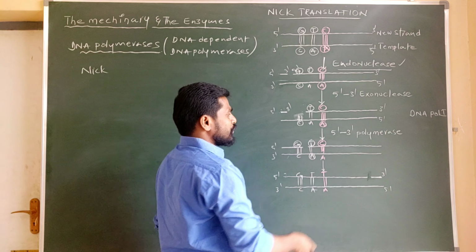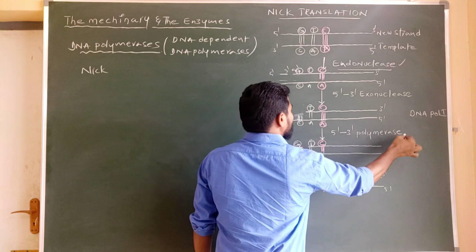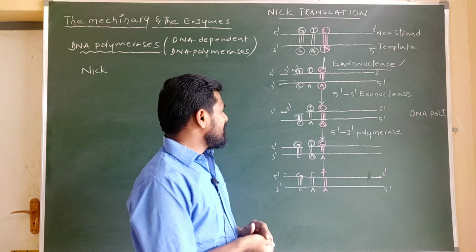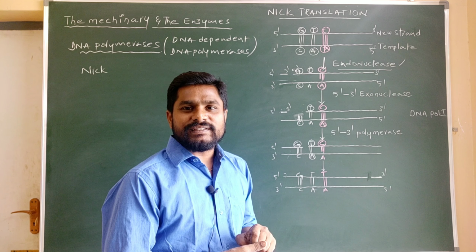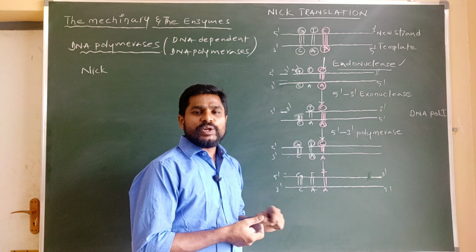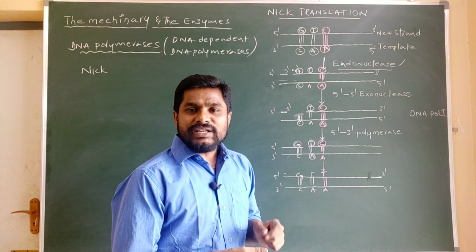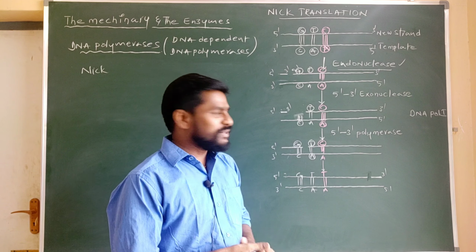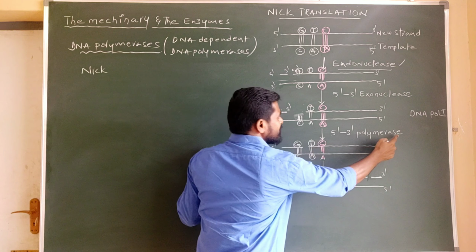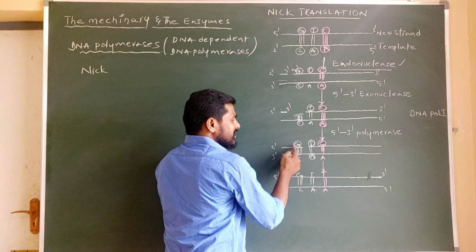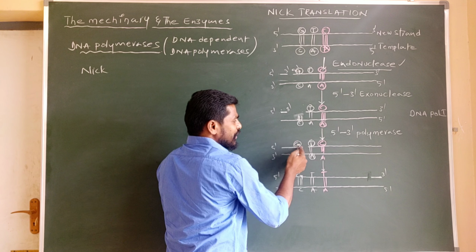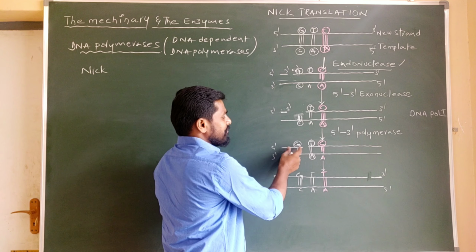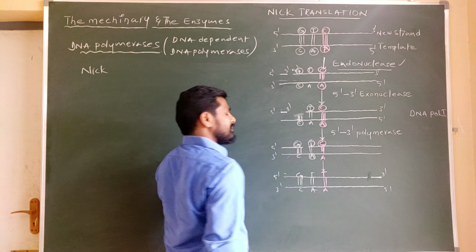And finally, in the third step, the 5' to 3' polymerase activity of DNA pol 1 comes into action, where it polymerizes deoxyribonucleotides which were earlier removed by the 5' to 3' exonuclease activity. The 5' to 3' polymerase activity polymerizes that removed deoxyribonucleotide on the short segment of daughter DNA in 5' to 3' direction.